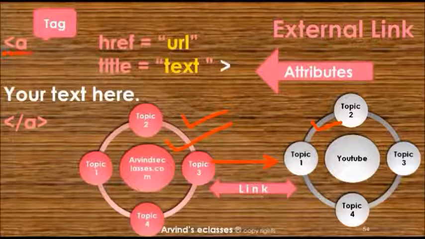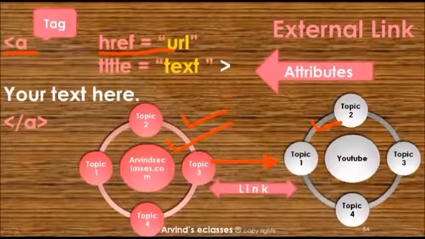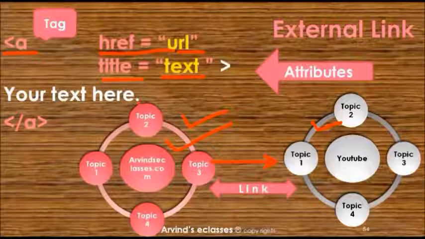For an external link we use the anchor tag and these two attributes. First one is href. It stands for hyper reference, where we give the path of the external website. And second one is title, where we type text as a comment. As you know, the anchor tag is a container tag, so here is the end tag.